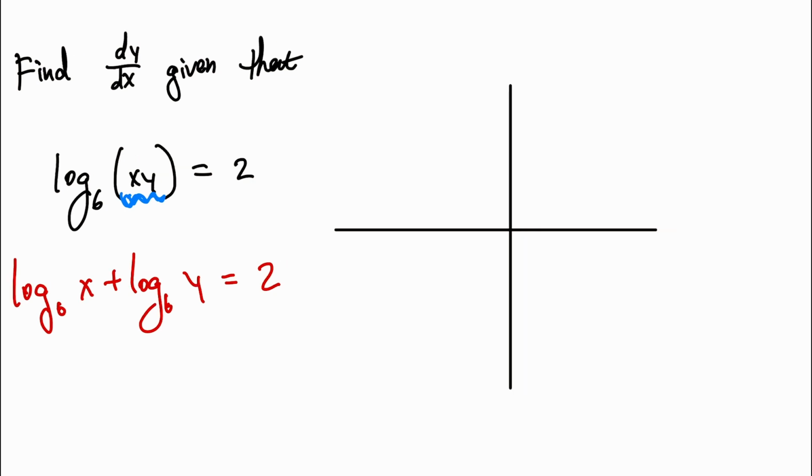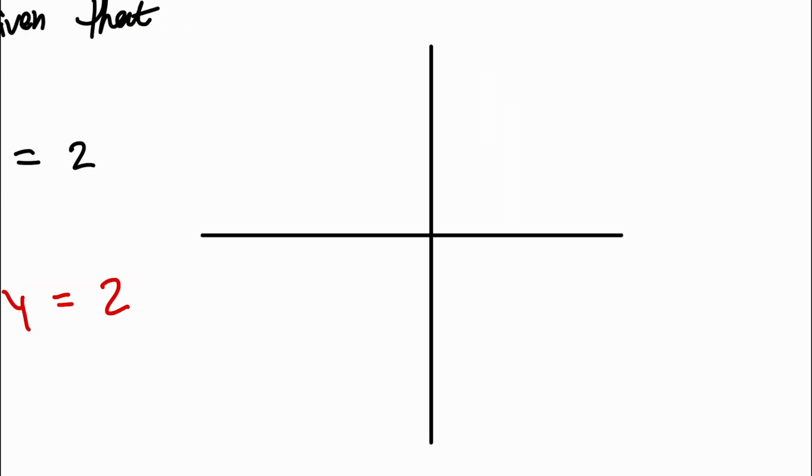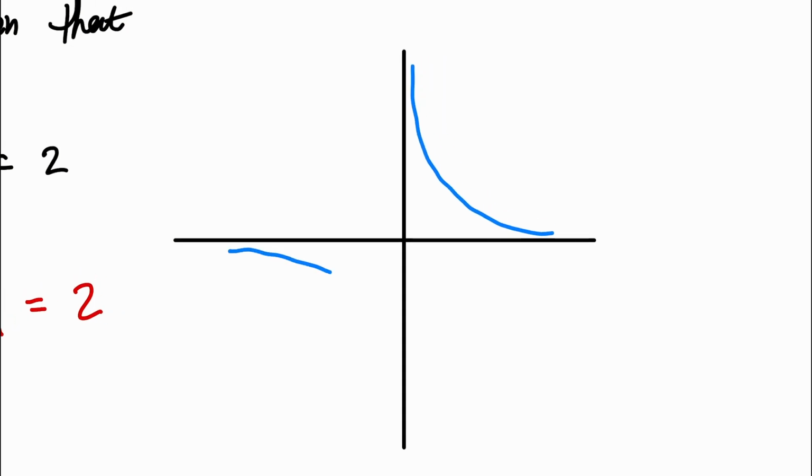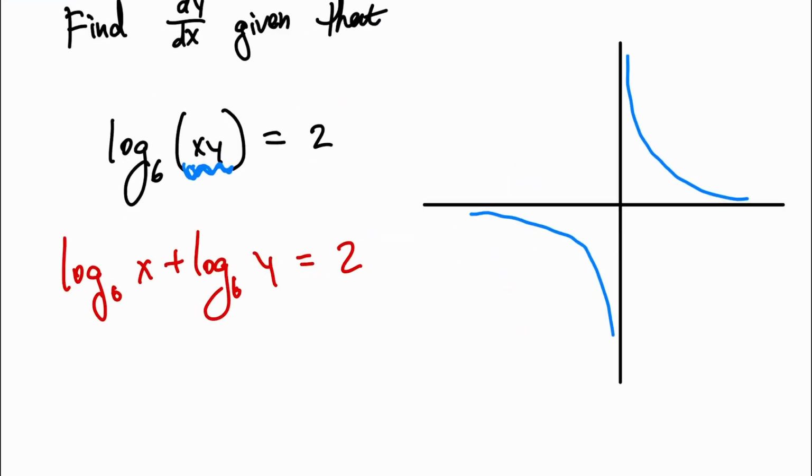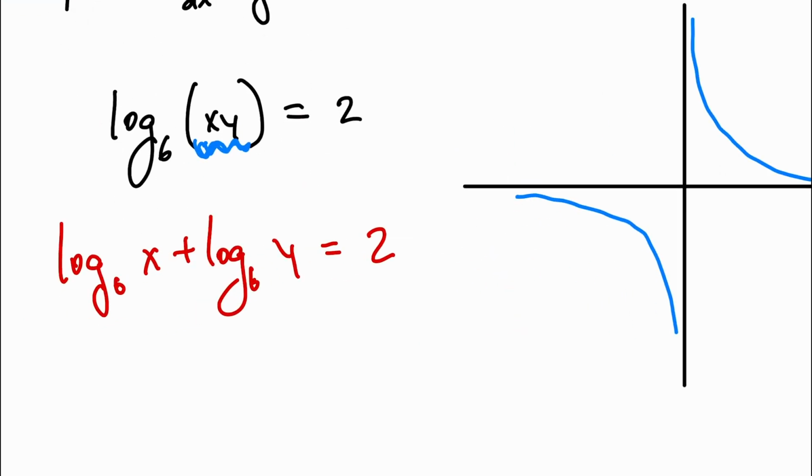So the graph would approximately look like this. Well, you can see this is rotationally symmetrical, and we don't have to deal with anything else.